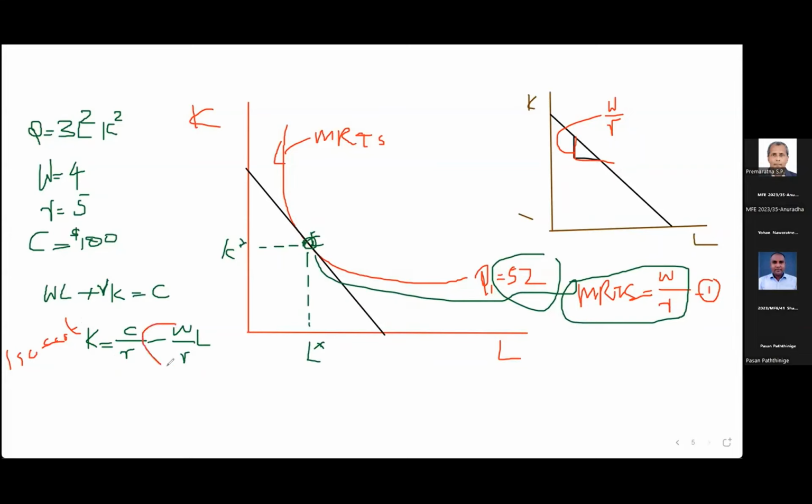So there you can see the slope here. This becomes the second order condition.